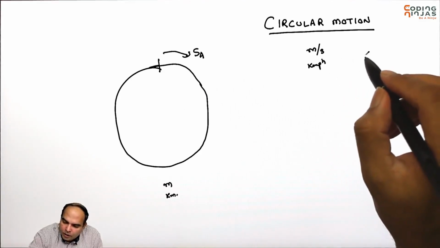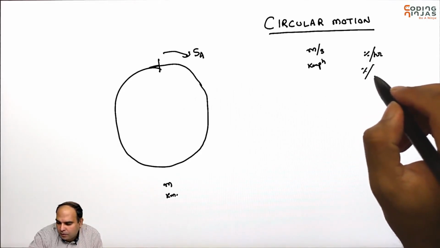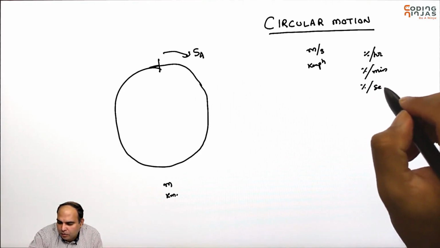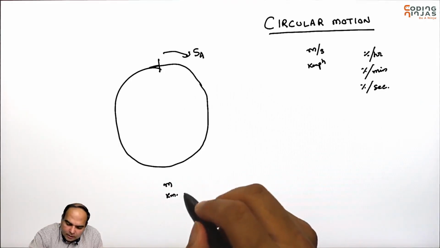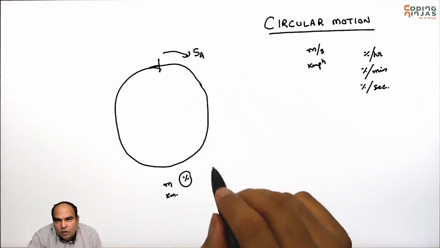It can also be measured in percentage per hour, percentage per minute or percentage per second, because distance can also be measured as a percentage of the circular distance.